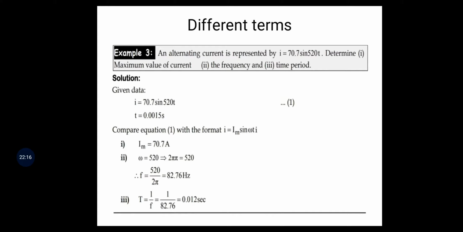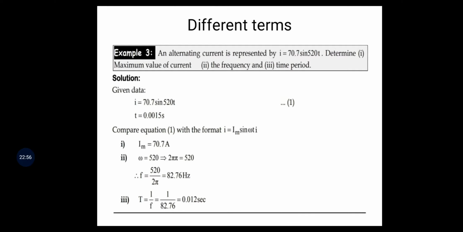Next, a simple problem on the basic terms. An alternating current is represented by i equal to 70.7 sin 520t. Determine the maximum value of current, the frequency and the time period. They give i equal to 70.7 sin 520t.